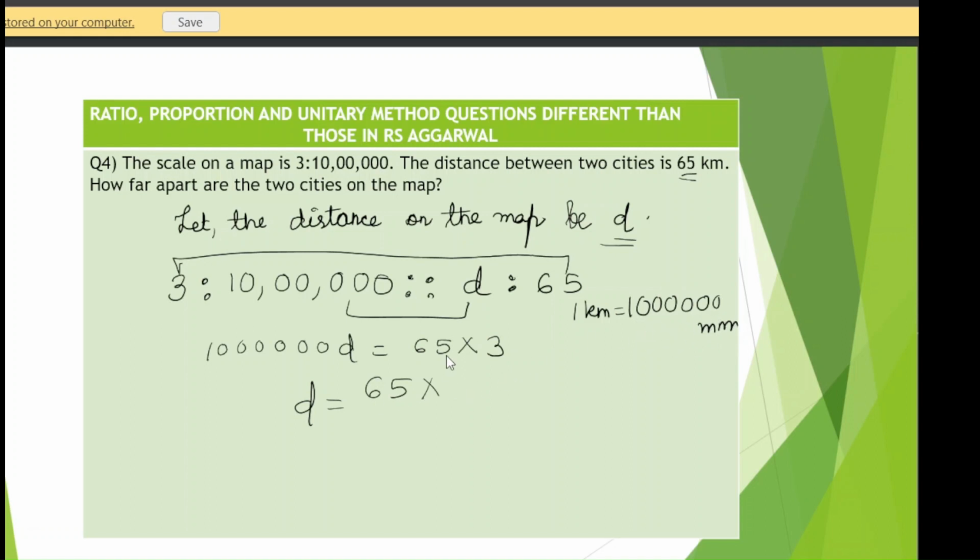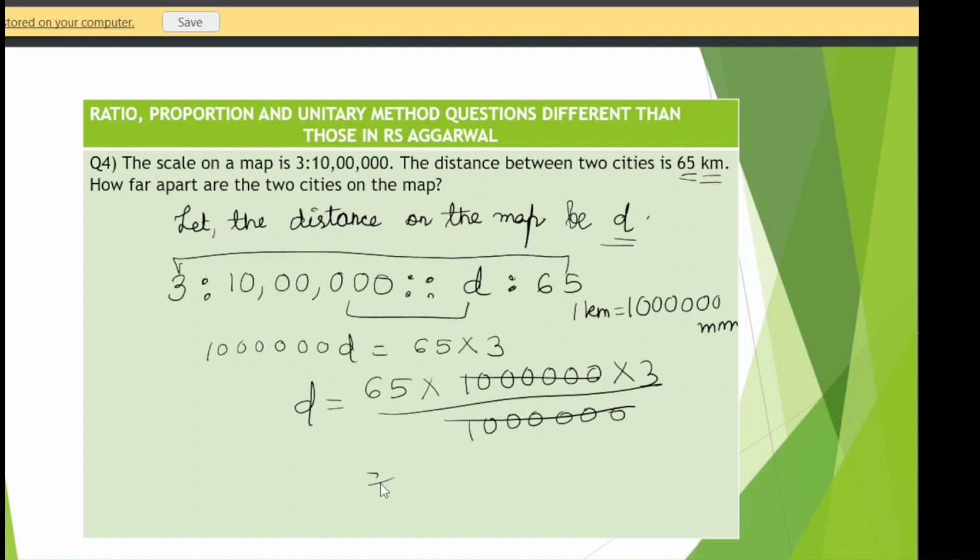So let me convert this 65, this is in kilometer, right? So I'm converting this 65 kilometer to millimeter. 10 lakh millimeter into 3 by this 10 lakh which was there in the means. I write it here just to find d. So this gets cancelled out.